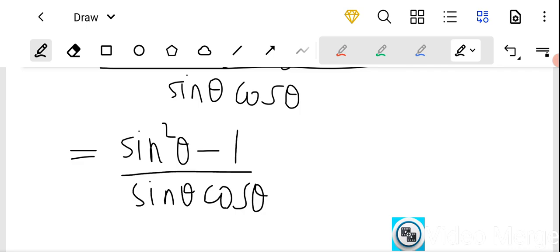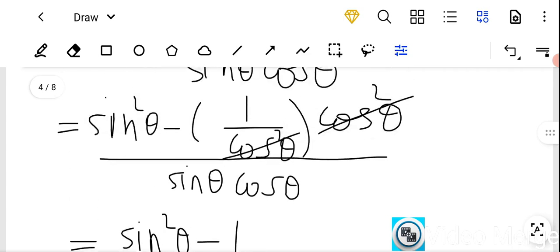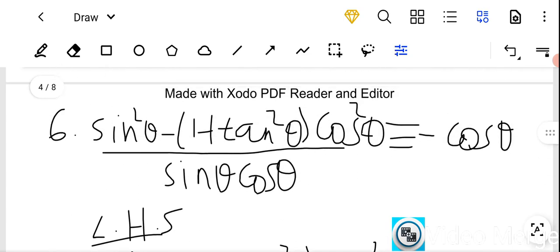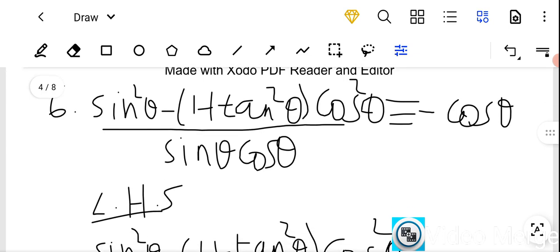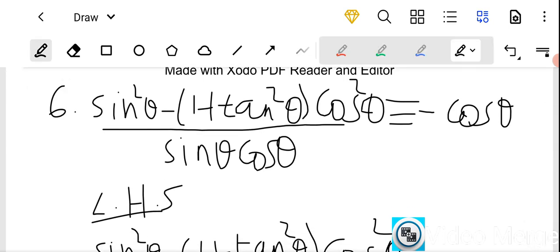If you look at this nicely, we need to think of a way of factoring, of remaining with something having cos theta squared, because on the right hand side you only have cos theta.